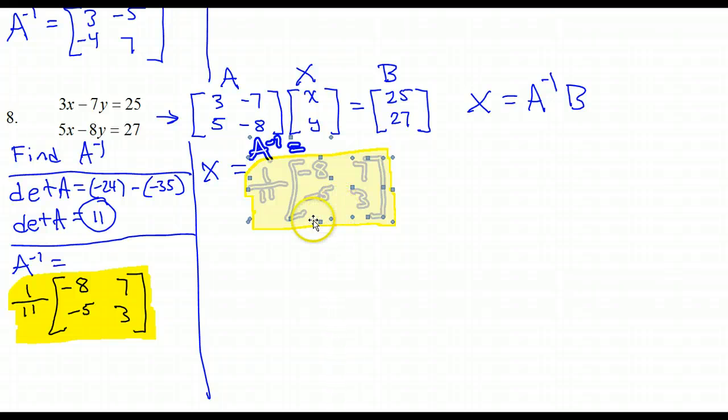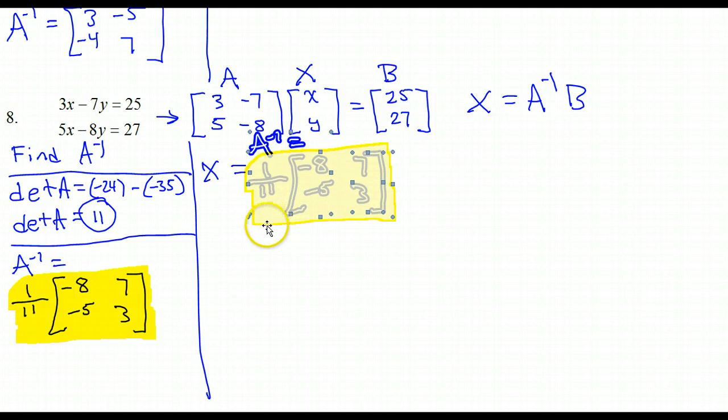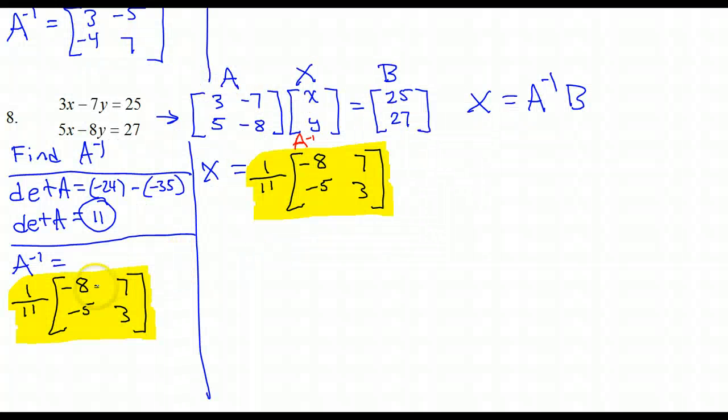So there's the A inverse that I just copied over from the left, and we're supposed to do A inverse times B. So here comes B. B is this 25 and 27.